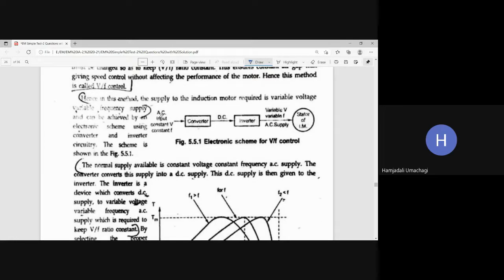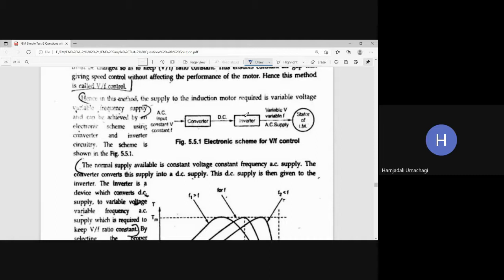So you apply AC input having constant frequency and voltage to the converter, which converts AC to DC, meaning rectification takes place. So AC is getting converted to DC. This DC supply is then given to the inverter. The output of the converter, which is DC, is given to the inverter.